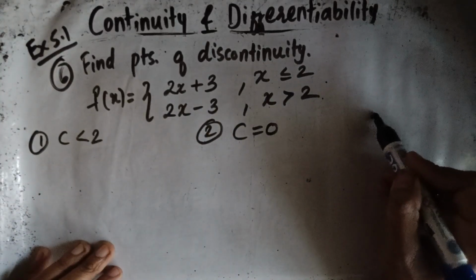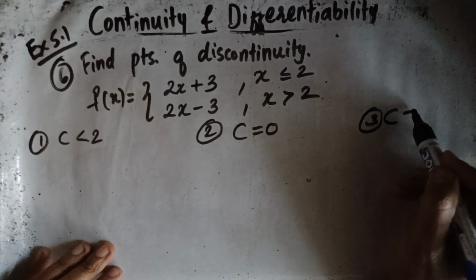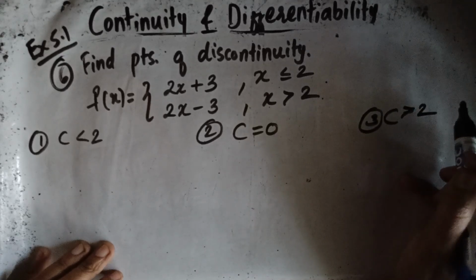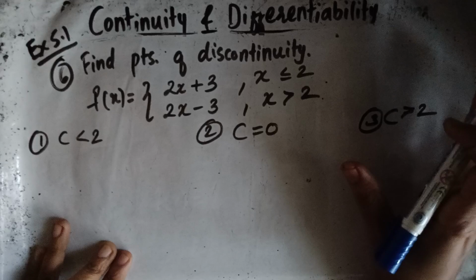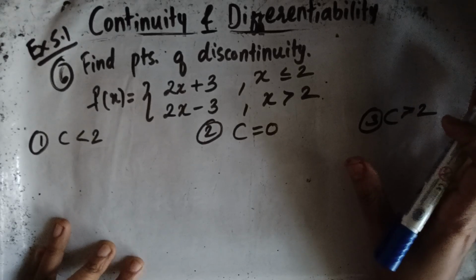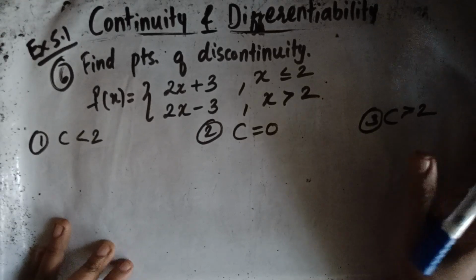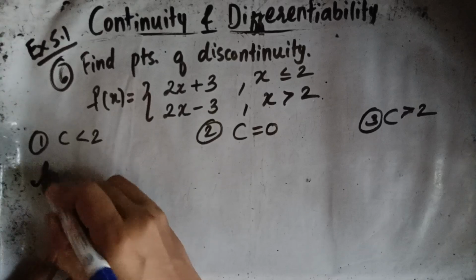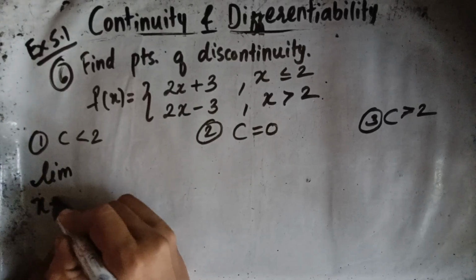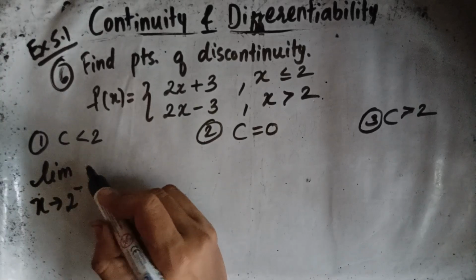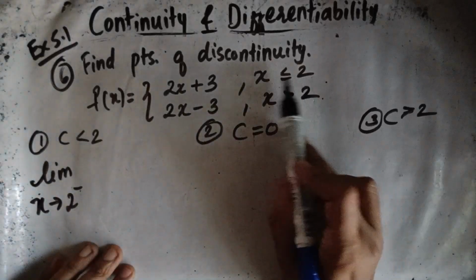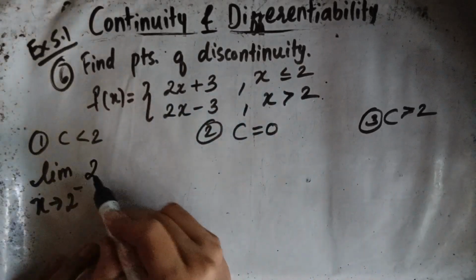And third case will be c greater than 2. You can take 2 also. So if I take 2, then less than 2 means this is the limit as x tending to 2 minus, that is your left hand limit. For 2 minus, you have to take this function 2.